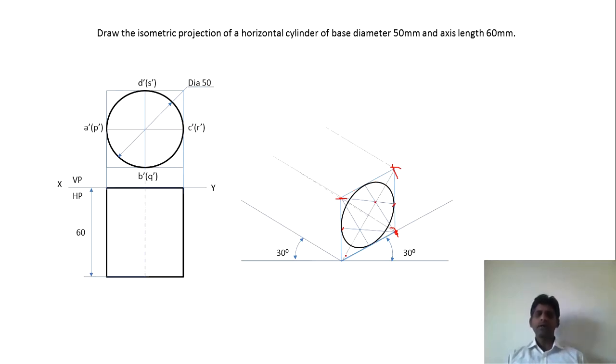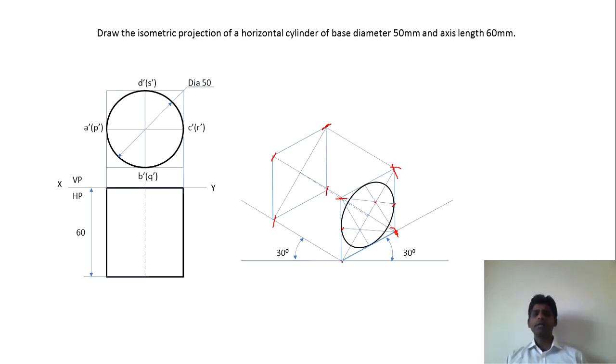So once you do this much, you take 60 millimeters and convert that into isometric length, and you mark one line from this point, and from this point you mark another line. Here also you mark the line, and from this point you can mark one line here, and from this point you can mark another line.